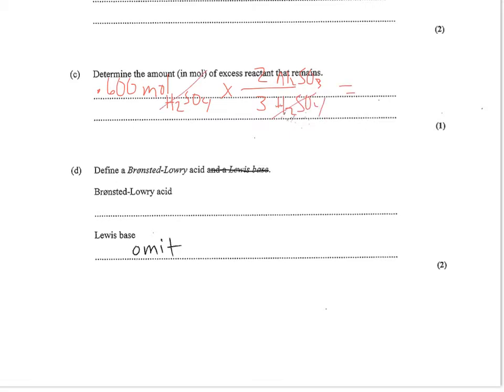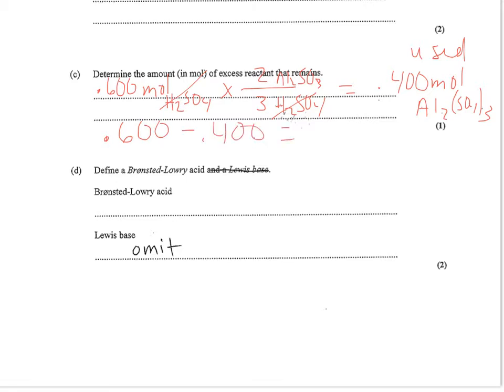So this would tell me that I could expect to have 0.400 moles of aluminum sulfate, Al2SO4. That's how much I should have used. And then I know I started with 0.600 moles of it, which means 0.20 moles should be remaining.